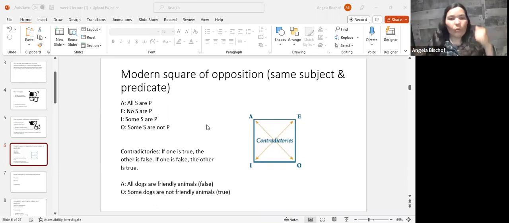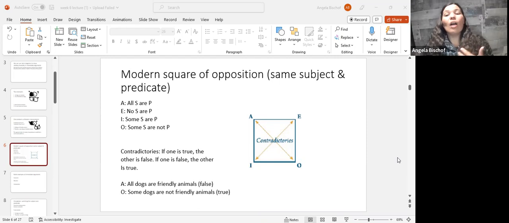So if we know O, we're going to know A. If we know I, we're going to know E. But if we know A, we might not know E. And if we know A, we might not know I under this modern interpretation. Under the traditional interpretation, we can make many more inferences from the knowledge of the truth value of one of our statements. But under the modern, because we're not assuming existence, these are the only relationships we can know.